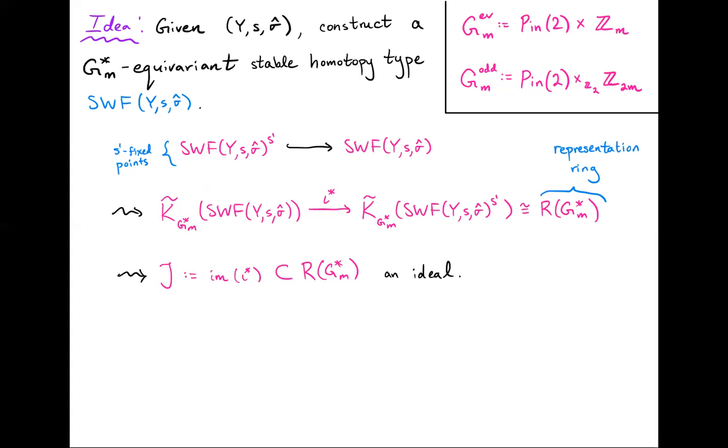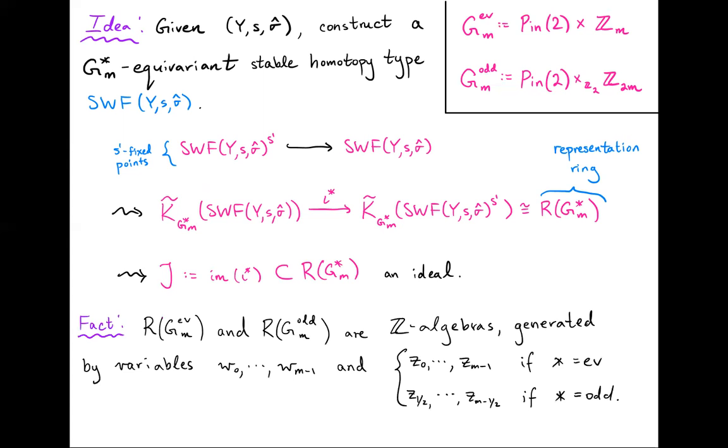Cool. So we're going to use that to construct invariants. Before I do that, just to tell you a little bit about the structure of these representation rings. The representation ring is just the set of virtual complex representations of these Lie groups, with addition and multiplication how you think. These turn out to be Z-algebras generated by some variables, w0 to w(n-1).